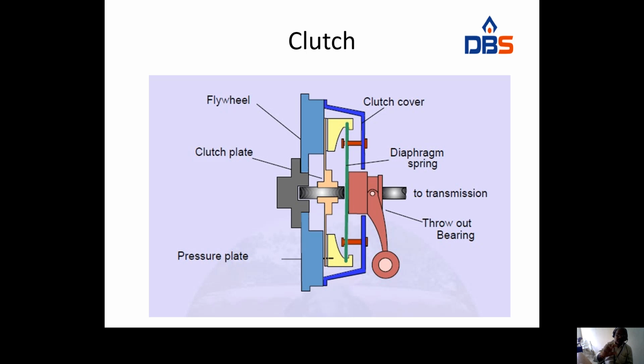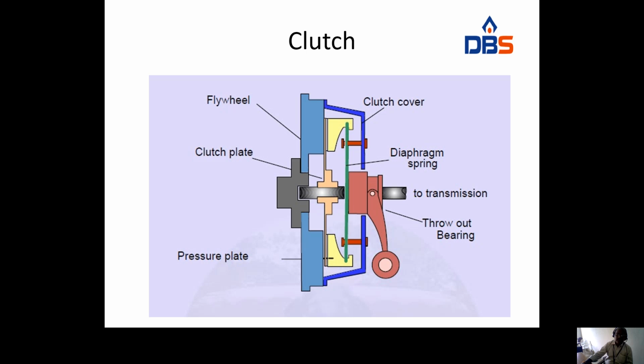This clutch assembly consists of so many components. There is a clutch plate, a pressure plate, a diaphragm, and a spring. Here the diaphragm acts as a spring, and there is a clutch cover.